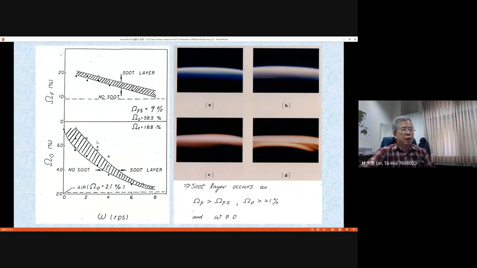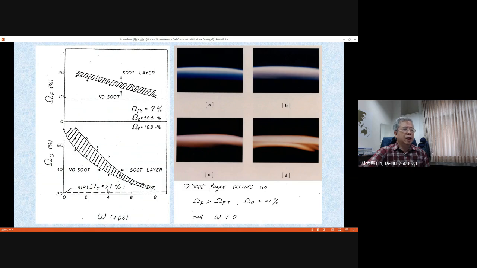But for the lower portion, we try to control. In this case, we fix the fuel concentration at 18.8% in the upper flow, and for the corresponding oxygen, we do not calculate the stoichiometry. It's easier to reach a certain lower value, but here there is the air.